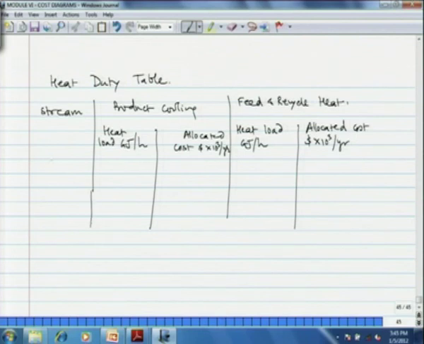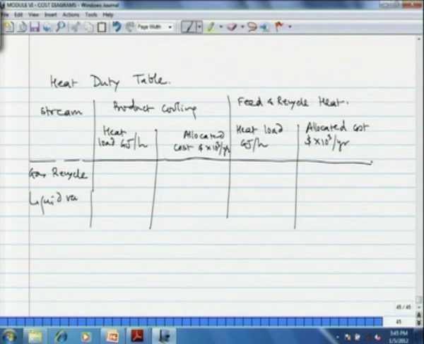The three streams, cost elements as we call them, are gas recycle, liquid recycle, and fresh feed, and we just distributed the heat duties.